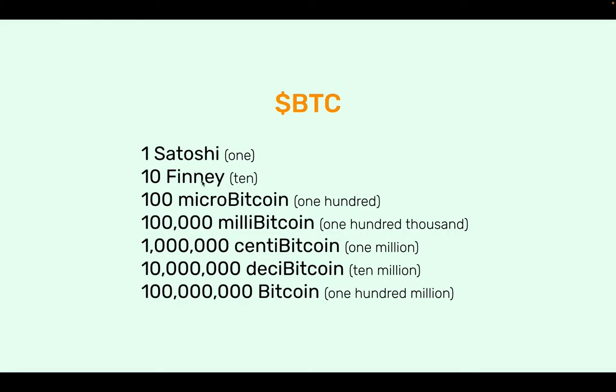10 Satoshis is called a Finney, that denomination, and this is in honor of Hal Finney, who created one of the precursors of Bitcoin called RPOW, or reusable proof of work. And Hal Finney was a critical contributor and user of Bitcoin.